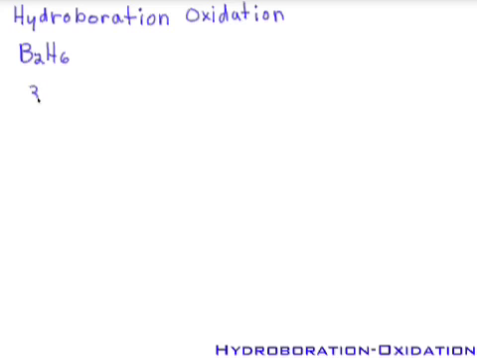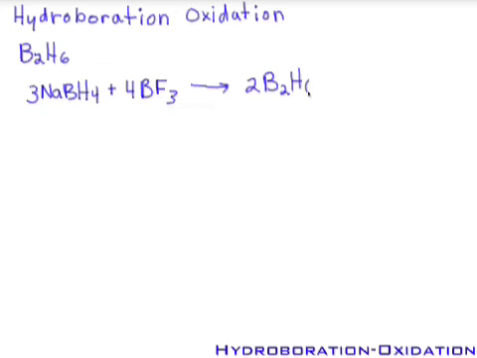You can make it by taking 3 sodium borohydrides, react them with 4 BF3s, and you'll get 2 diborane gas molecules, B2H6, and 3 sodium tetrafluoroborates, 3 sodium BF4s.